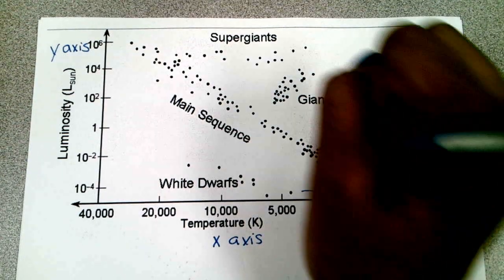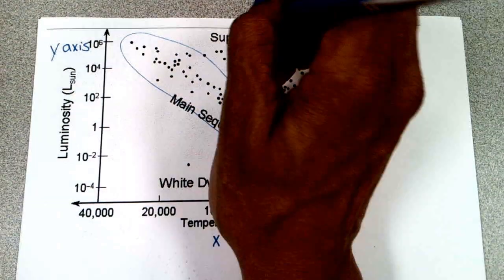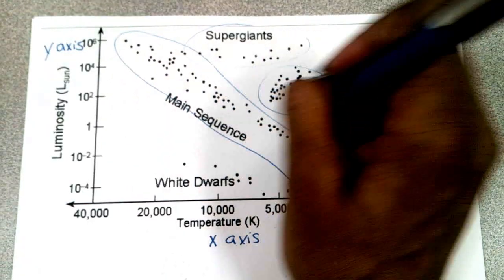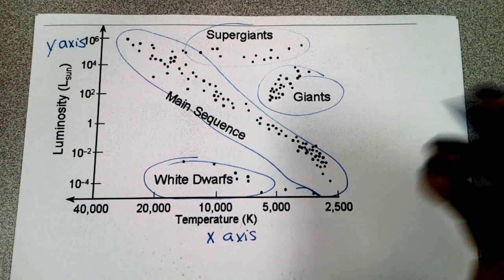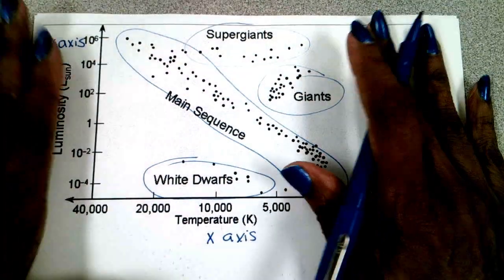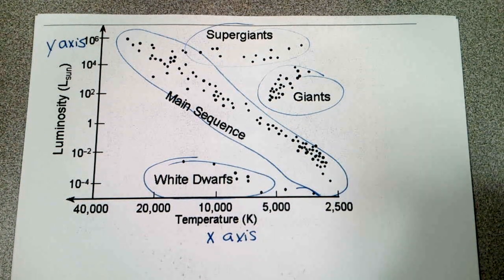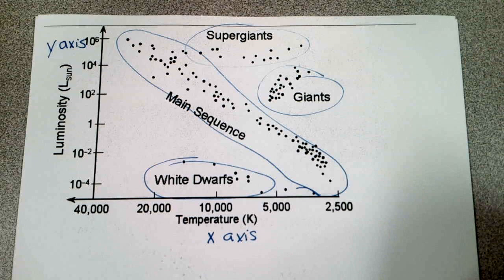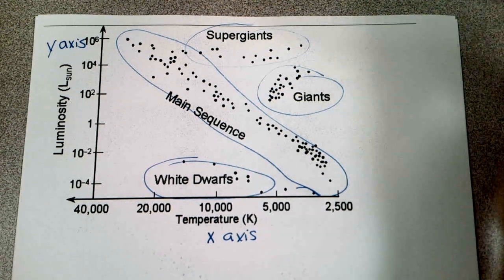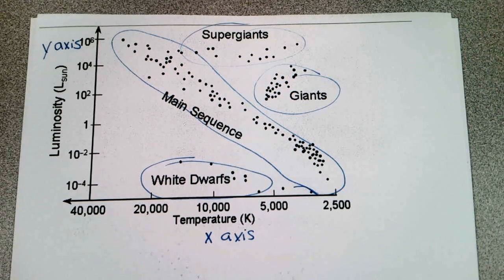Another strategy you might use on the test too is if you see a blank HR diagram, you can go ahead and write these in. And then that way you kind of know. Because there is a test question that gives you a blank diagram and it asks you what area would you find white dwarfs. Okay, remember they're always going to be at the bottom. Or what area would you find supergiants? They're going to be closer to the top. Okay, so it's just another type of diagram.